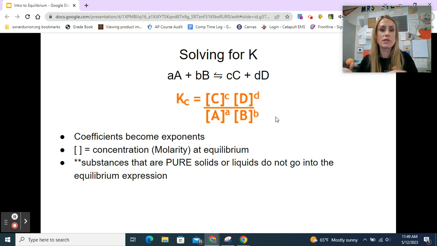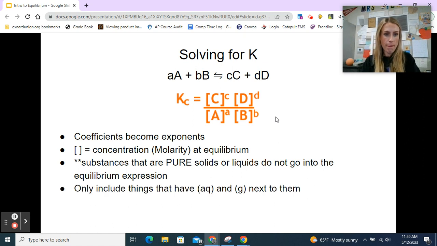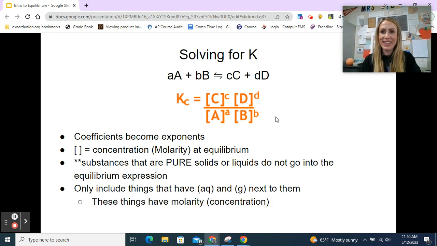So when something has an AQ next to it, then yes, we can get a concentration. So we're not going to put pure solids or liquids into this equilibrium expression. We only include things that have an AQ, or aqueous substances, or a G next to them. Like I said, these are the only things that have a concentration.